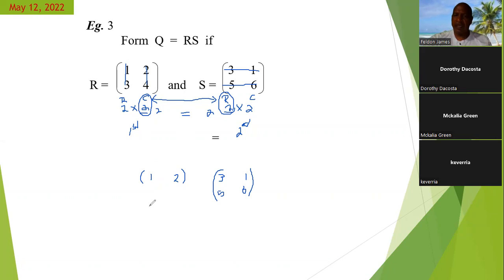Think about what you're saying again. 1 row, 2 columns. So this would be a 1 by 2 matrix. 1 row and 2 columns. Now, this second matrix here, how many rows, how many columns? 2 rows, 2 columns. So it's a 2 by 2.